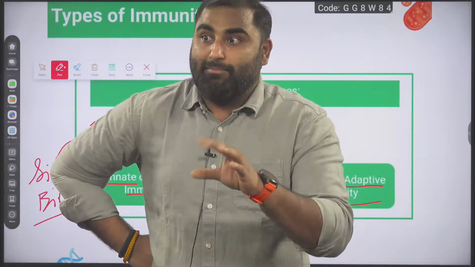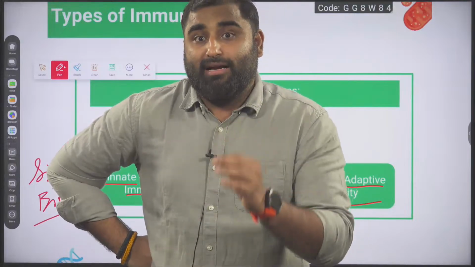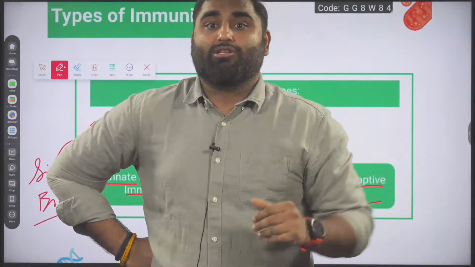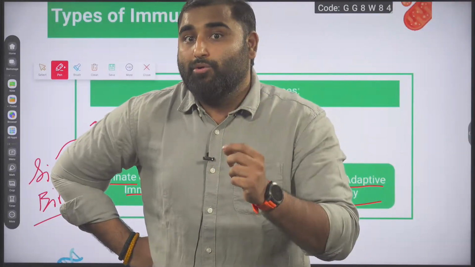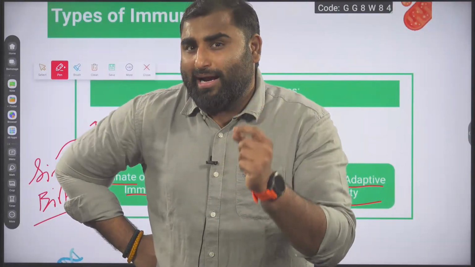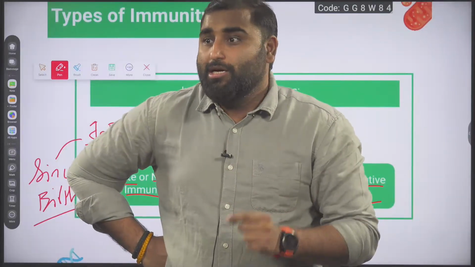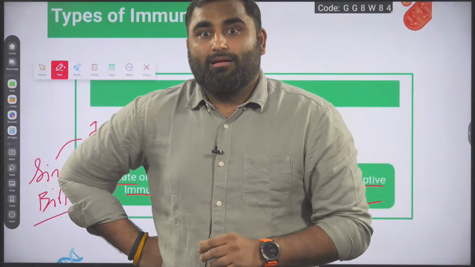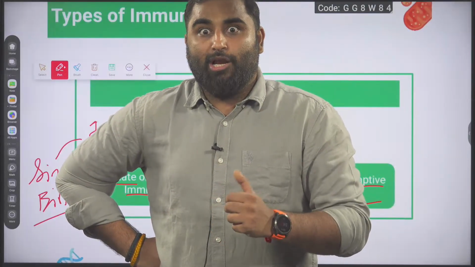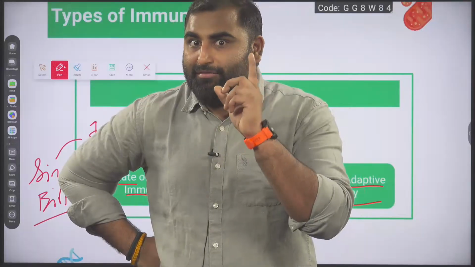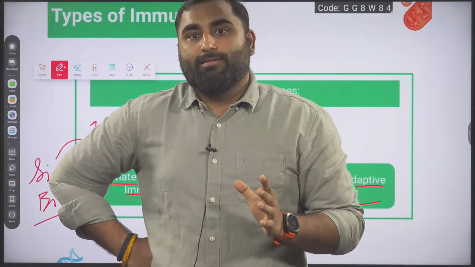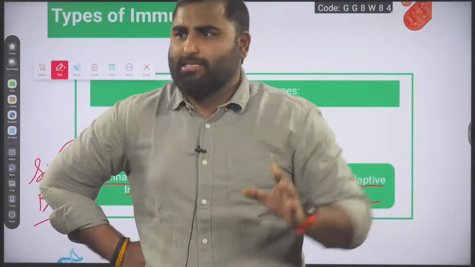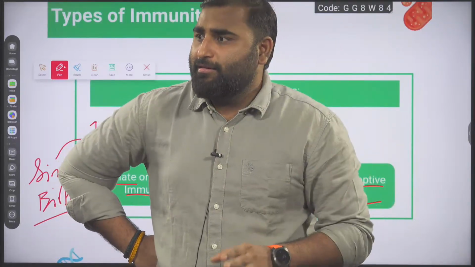For 7 to 9 days your body is fighting that virus, making antibodies against it, and after that, your body gets well acquainted with that virus. Next time if this virus comes into my body, I will give a very super fast response, and I will kill all the virus very fast.